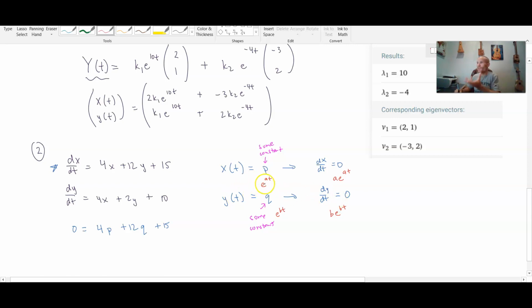Well, the problem with guessing a function of time when your non-homogeneous term is a constant is that here I would have 4 e to the at plus 12 times e to the bt plus 15 has to equal the derivative of x, which would be a e to the at.